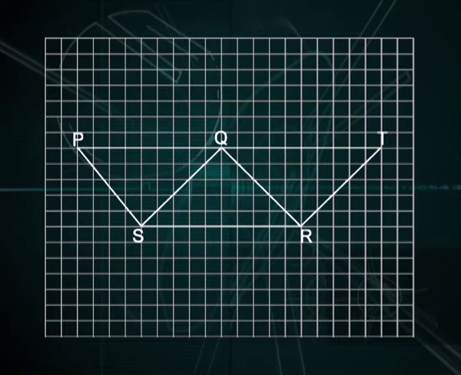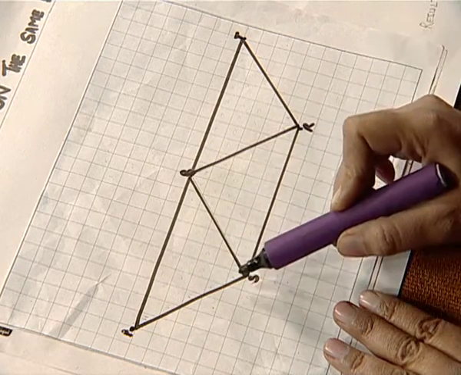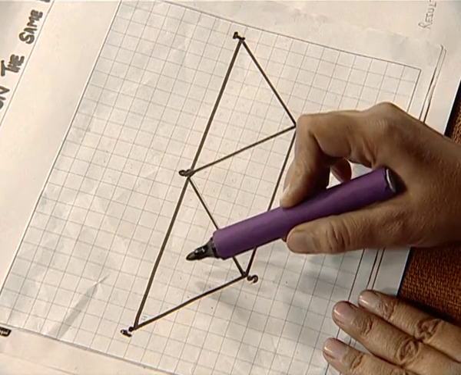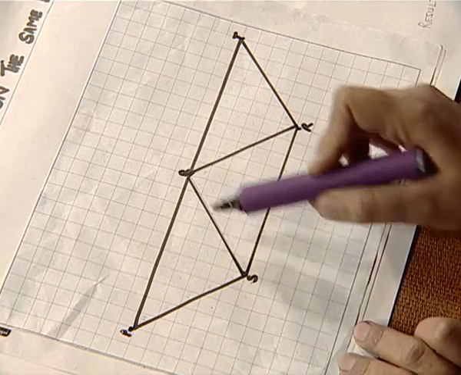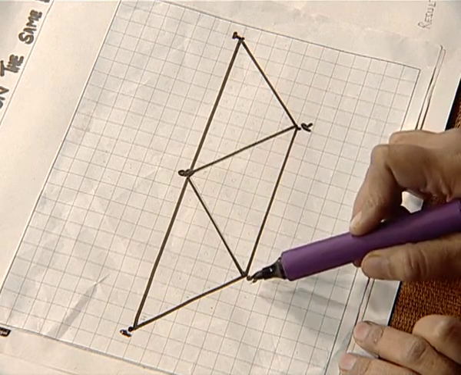Now, what we observe is that parallelogram PQRS is made up of two triangles, PQS and triangle QRS.